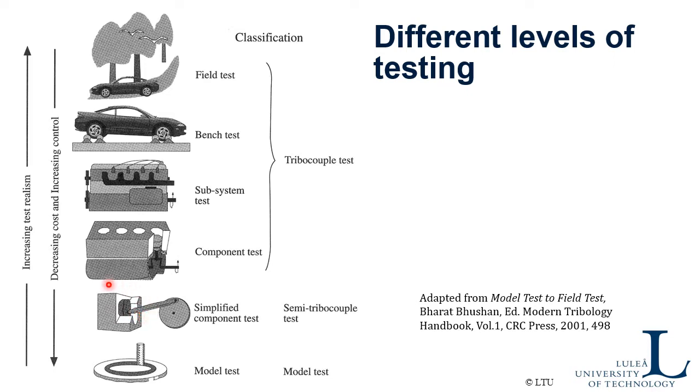Of course, then you can't mimic the engine environment and the real engine conditions, so it would be better to make a test of the whole component, of the whole system of the crankshaft and the piston and the cylinder liner and the piston rings here.